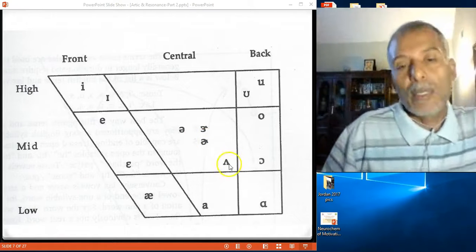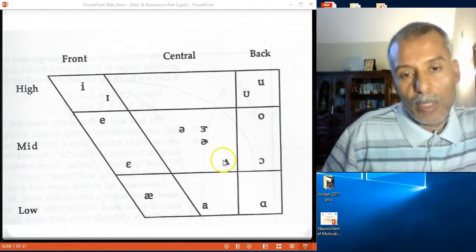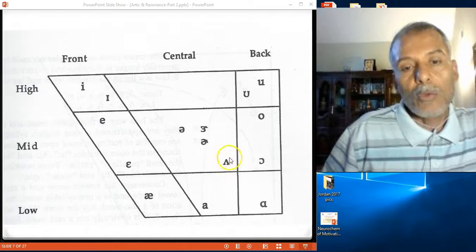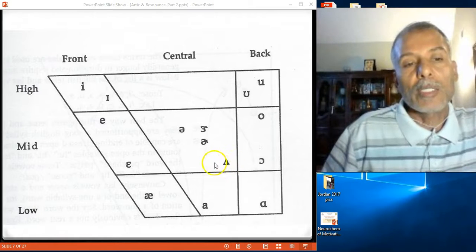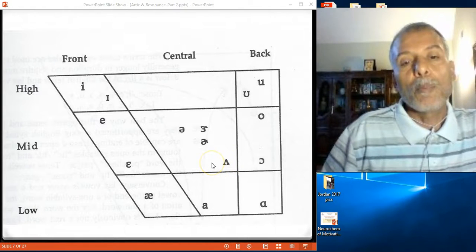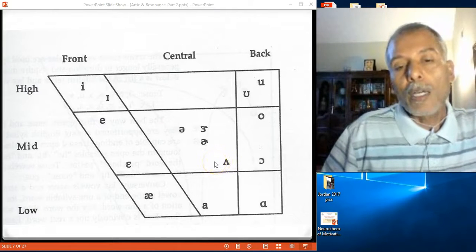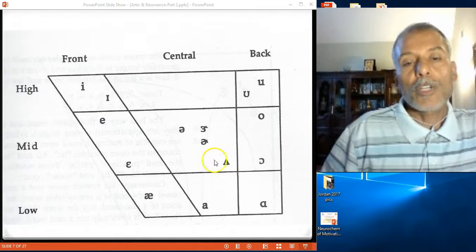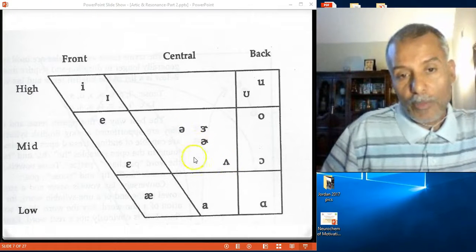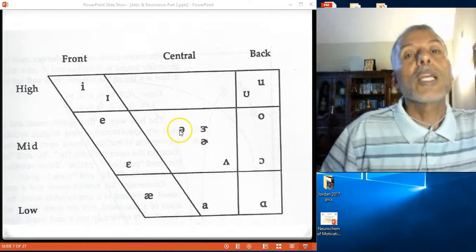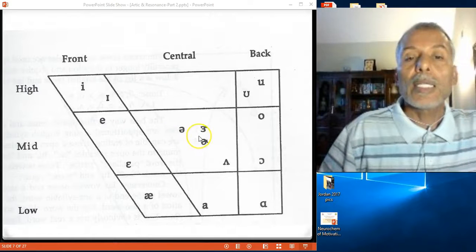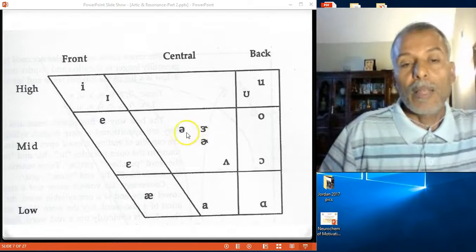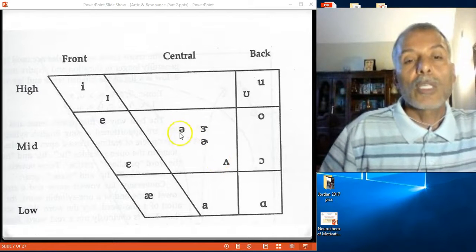And then sometimes this sound is called the caret sound, sometimes it's called the wedge sound. It's the ʌ as in mud, hug, fudge. So this sound is unstressed. So let's look here. Of all these central sounds, they only have a single sound that is tense, and the rest are lax.